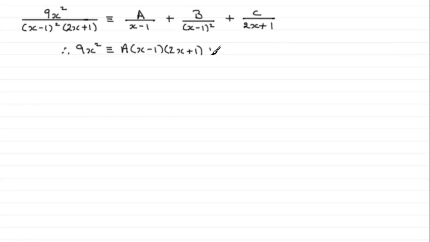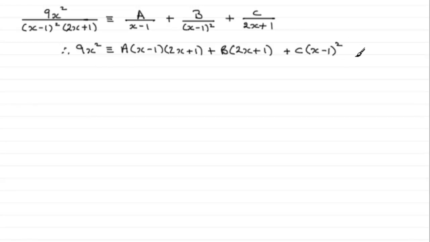And if you do the same for this term here, it's the x minus 1 that gets squared, that gets cancelled out. So you're just left with b times (2x plus 1). And for the last term, c over 2x plus 1, if you multiply it by the denominator here, it's the 2x plus 1 that gets cancelled out, leaving you with c times (x minus 1) all squared. So we'll just put that in there.